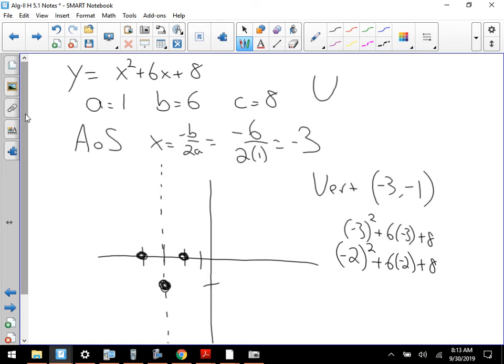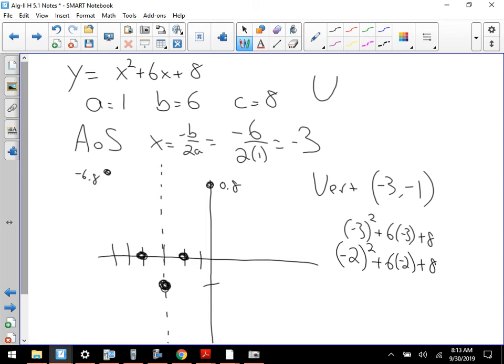So I know that at 0, well, how far away was 0 from the axis of symmetry? It was 1, 2, 3 away. So that means I move it over to the left, 1, 2, 3, and up here is also at 8. So that was at -3, 4, 5, 6.